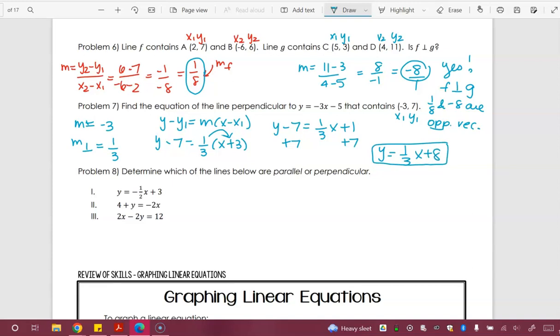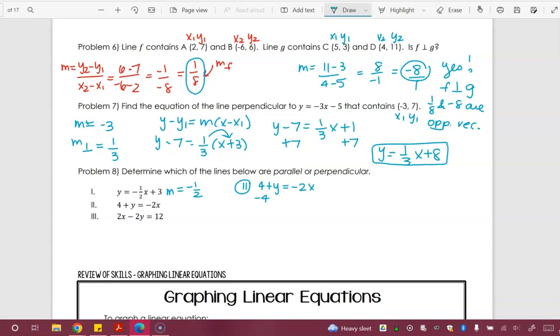Okay, and then the last one, you guys can check this, determine which of the lines below are parallel and perpendicular. So remember, we need to look for the slopes. Here, we know my slope is -1/2, and I've got to solve each of these for y so I can find the slopes. If I look at line 2, let's solve this one for y.